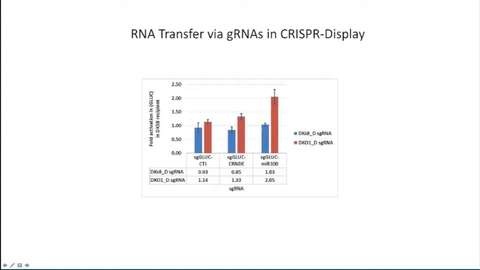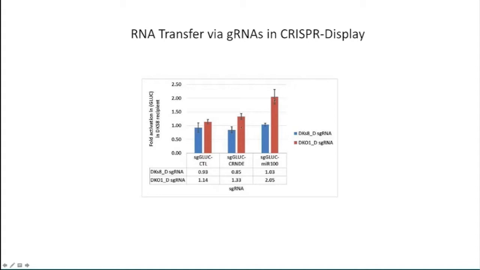When we put miR100 in there, we get about a 2-fold increase in luciferase activity. So this is demonstrating that that guide RNA, which is about, I think, 113 plus the miR100 sequence, so about 130 or so nucleotides, is being transferred from donor to recipient.